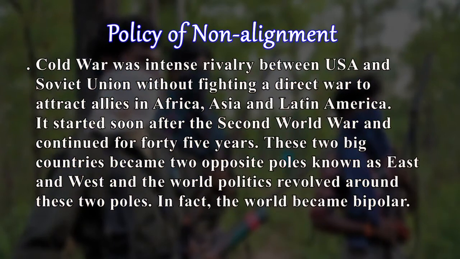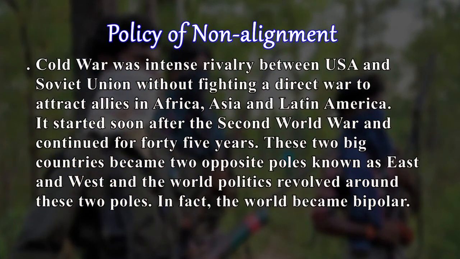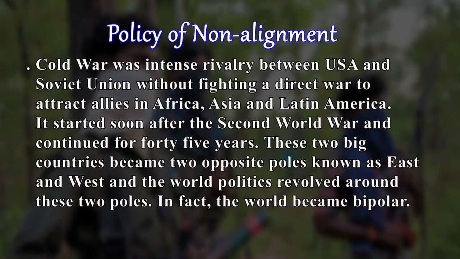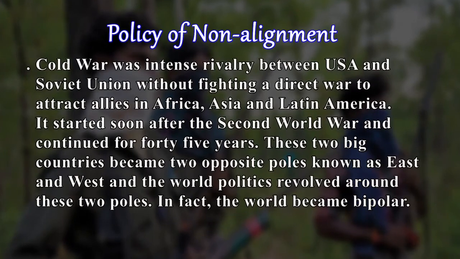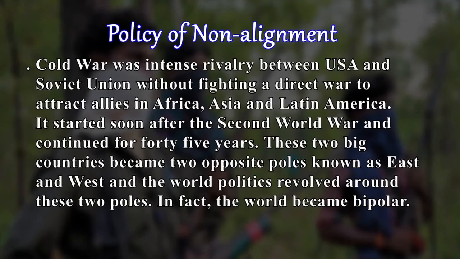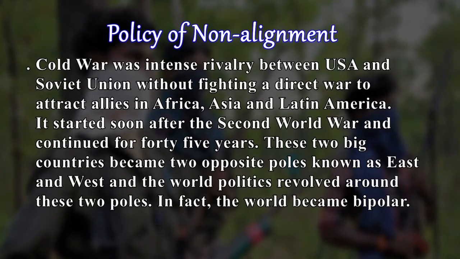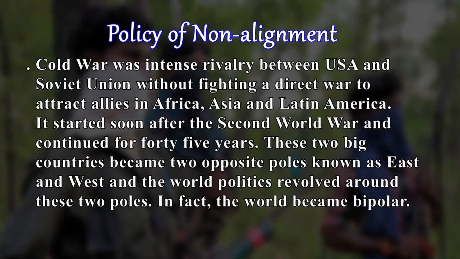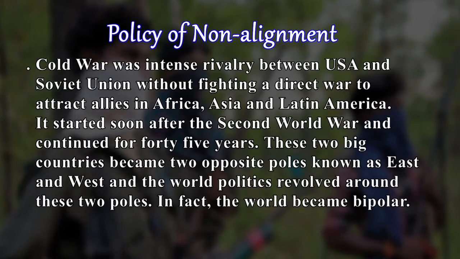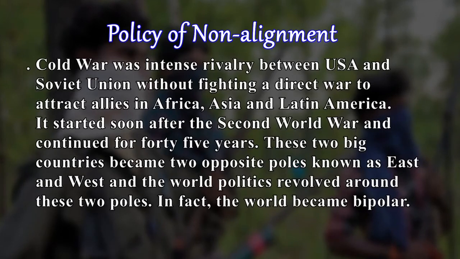The Cold War was an intense rivalry between the USA and the Soviet Union, without fighting a direct war, to attract allies in Africa, Asia and Latin America. It started soon after the Second World War and continued for 45 years, and these two big countries became two opposing poles known as East and West, and world politics revolved around these two poles. In fact, the world became bipolar.